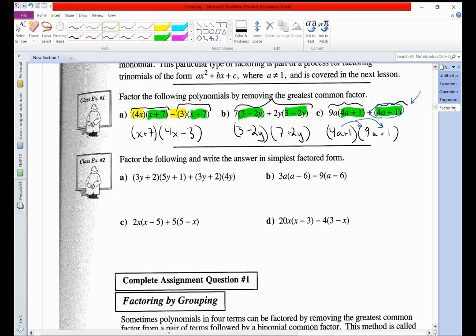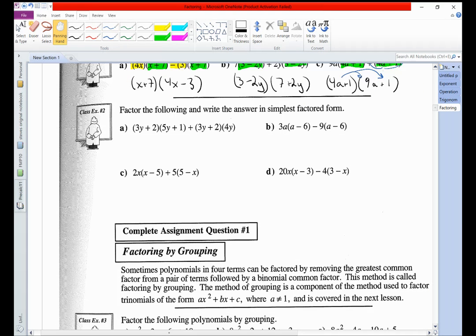All right, so it says here, factor the following and write the answer in simplest factored form. In this case, we have 3y plus 2 multiplied by 5y plus 1, all added to 3y plus 2 multiplied by 4y. You can see that our common binomial there is 3y plus 2. So I can factor that out, 3y plus 2.